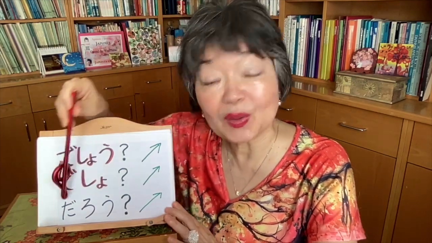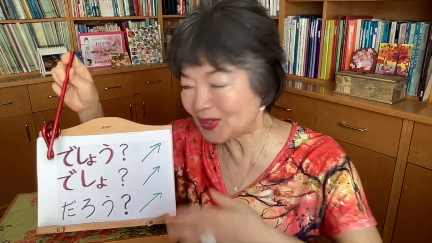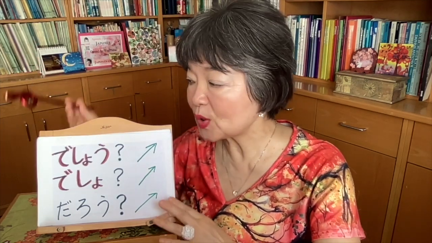But if a woman thinks in her head, "is it so?", then you can write だろう in writing. When we speak with women, we usually say でしょう or でしょ. But men can also say でしょう, not only women, when they want to talk very politely.